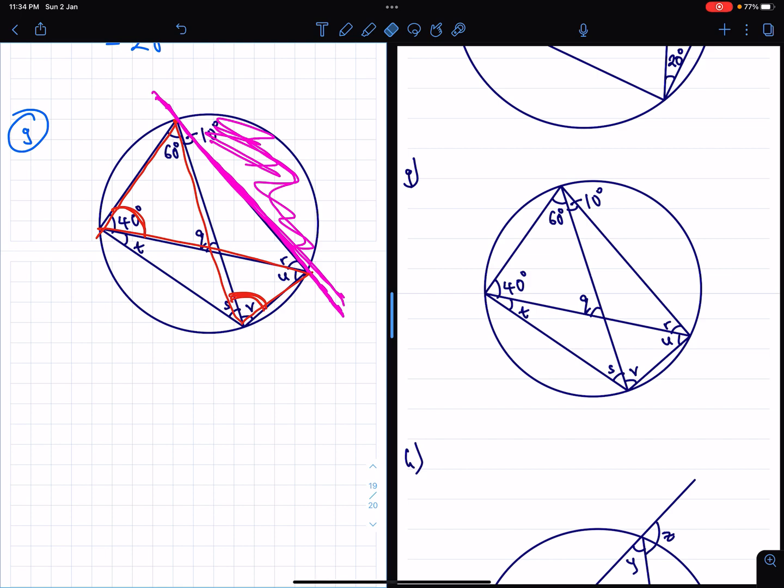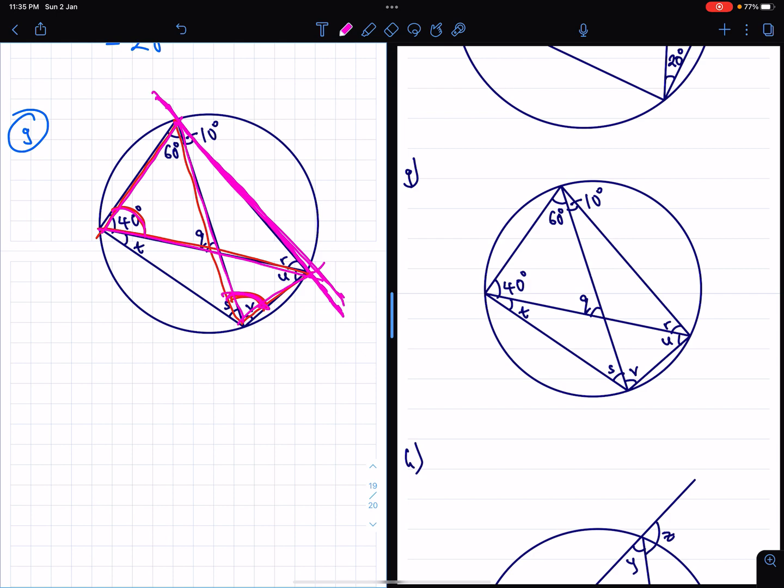Just check the lengths that form a triangle with the chord that divides the circle into two segments, and the angles formed by those lengths are going to be the same segment angles. You can see that here, this line and this line form a triangle with the chord, and this line and this line also form a triangle with the chord.